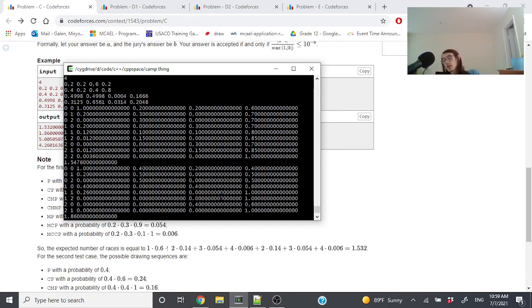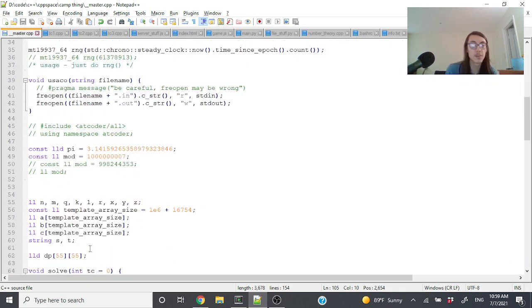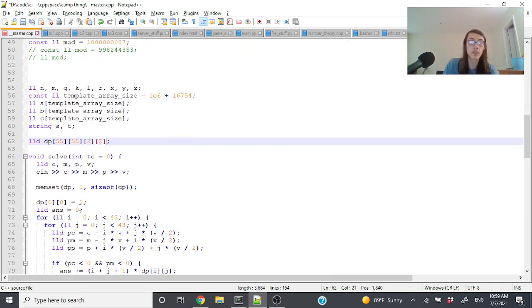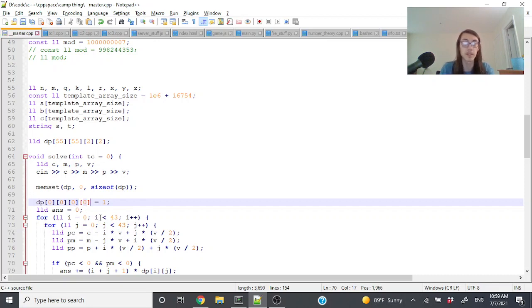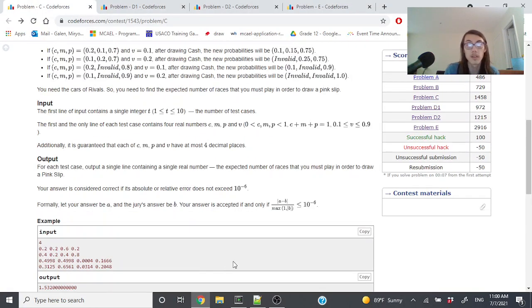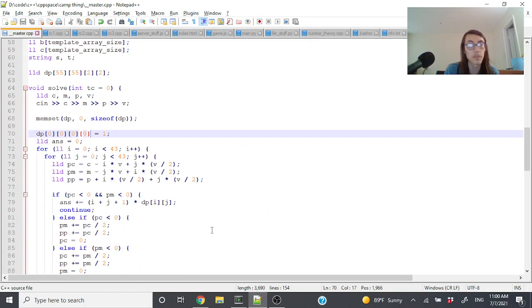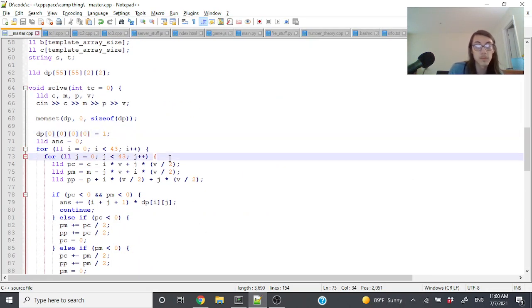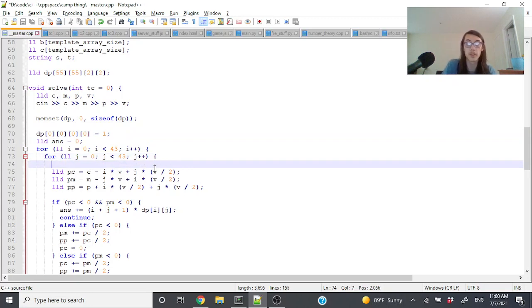Yeah, it's just wrong. Okay. So let's add 2 more states, which is saying, have we run out of C and have we run out of P? Or have we run out of C and have we run out of M?